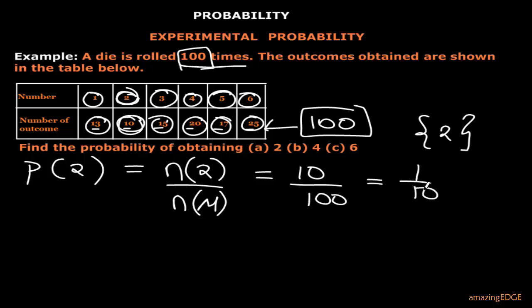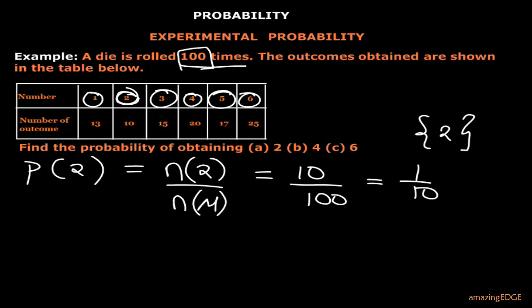What have we done? I am making a prediction. I'm using the fact that I have seen 2 appear 10 times in my observation, because when I rolled the die, I was recording the number of times each of the faces appeared. So if you now ask me, if I roll another die, what will be the probability of obtaining face 2?